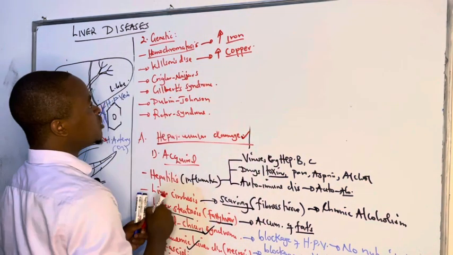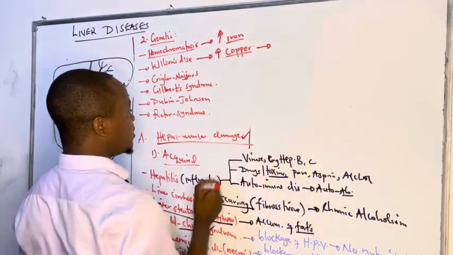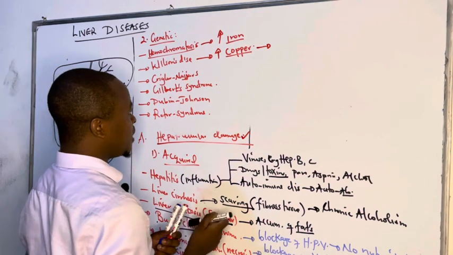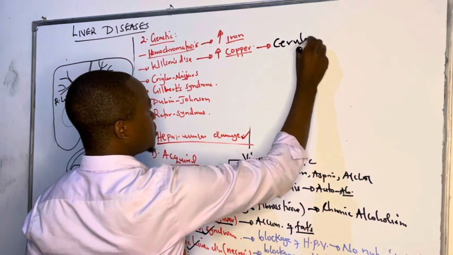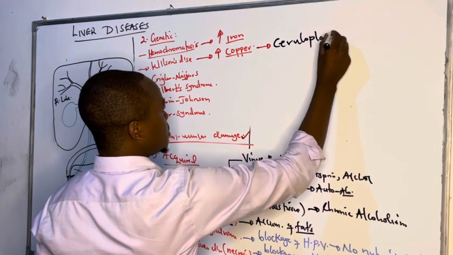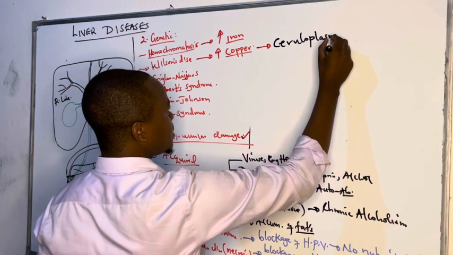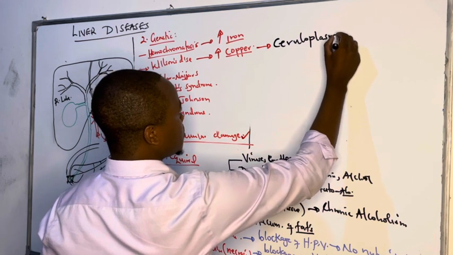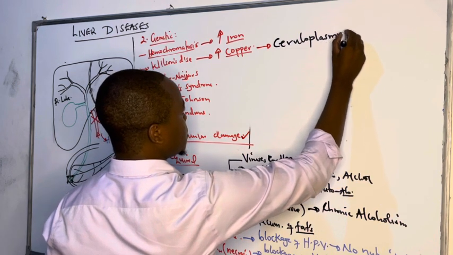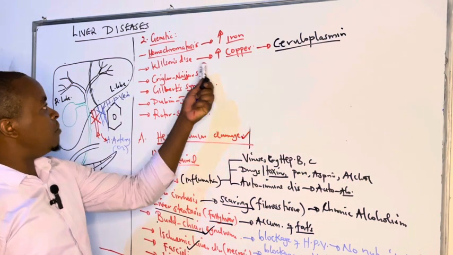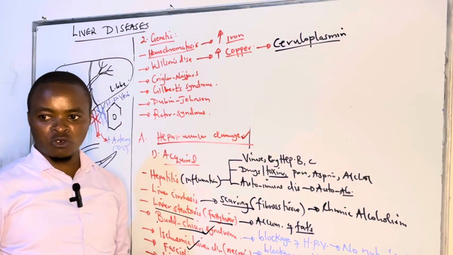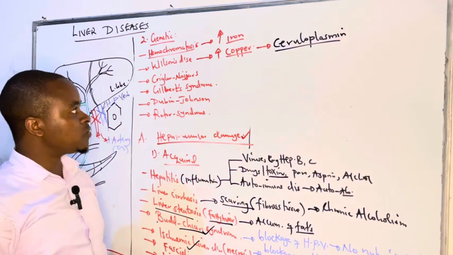This accumulation of copper can be diagnosed by doing a test known as ceruloplasmin. Ceruloplasmin is a test that we can do to confirm Wilson's disease due to accumulation of copper in the liver hepatocytes.